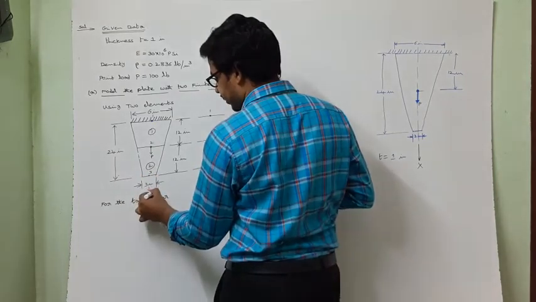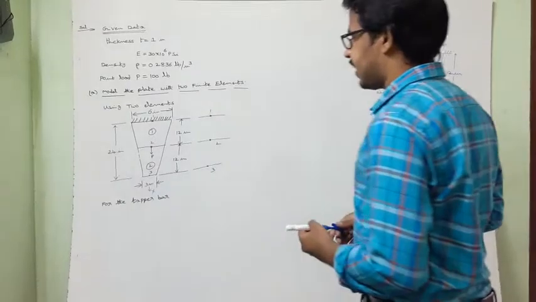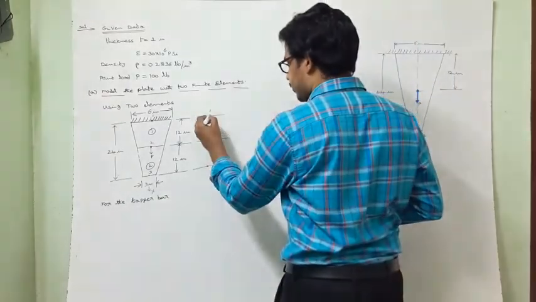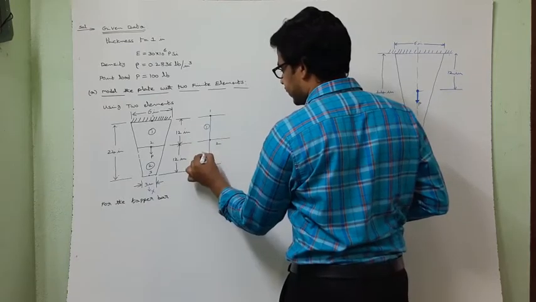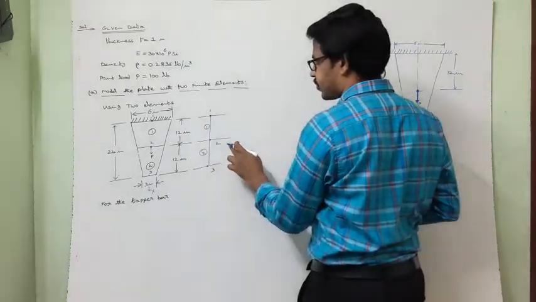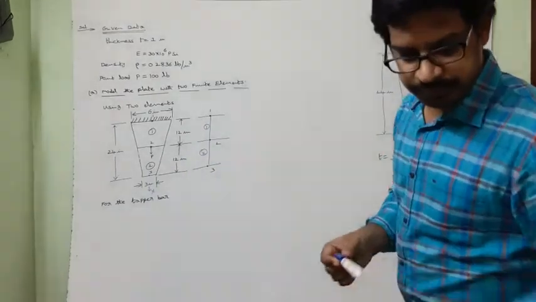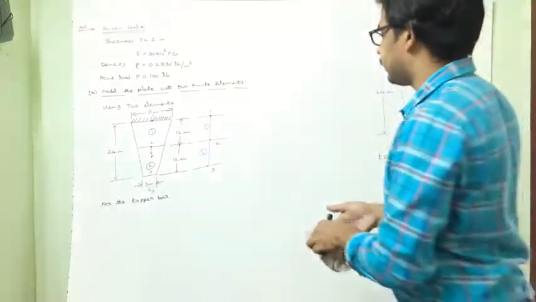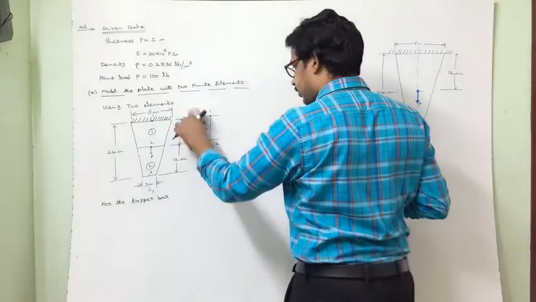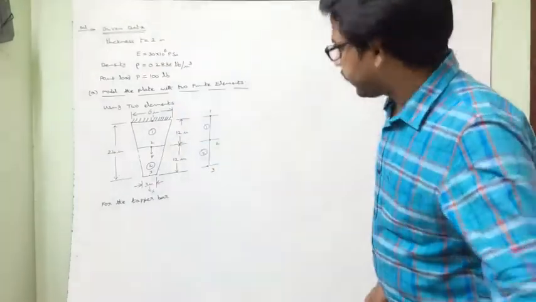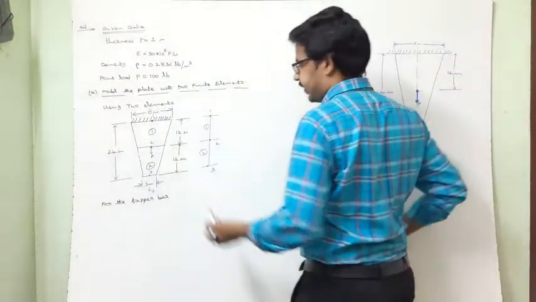This is along the x direction only. This is the first element and this is the second element. The nodes are 1, 2 and 3.